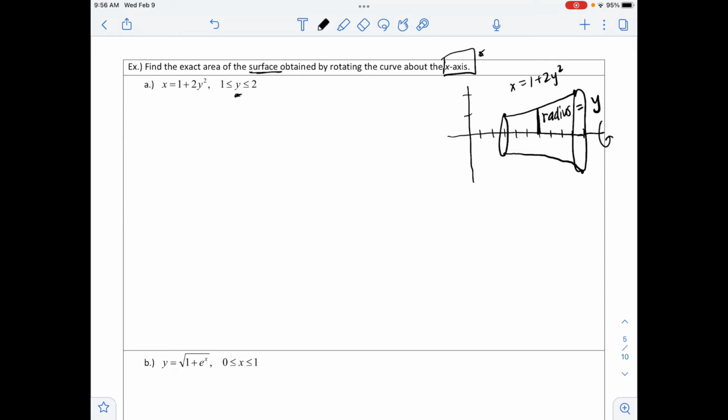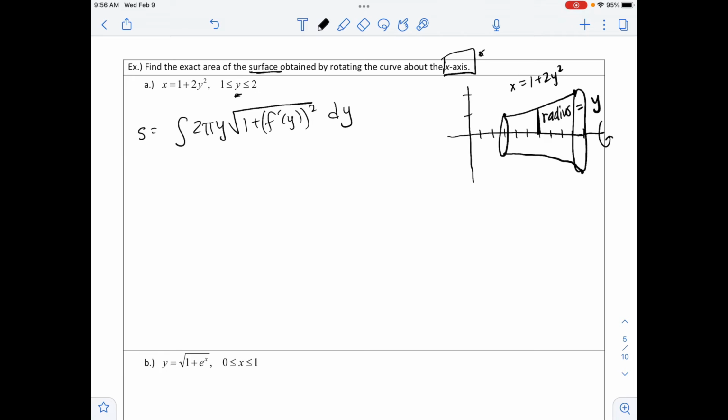And so in order to calculate the surface area, we need to write down our formula, which is going to be the integral of, and the way that this is written would be 2 pi y times the square root of 1 plus f prime of y squared dy.